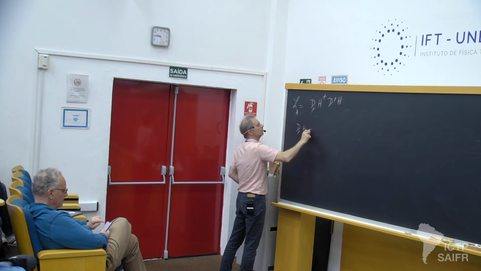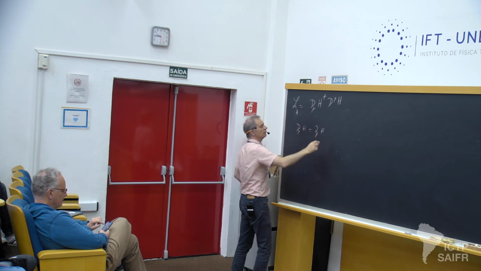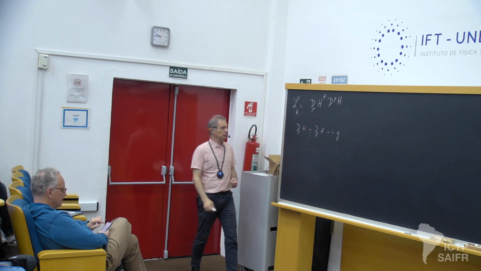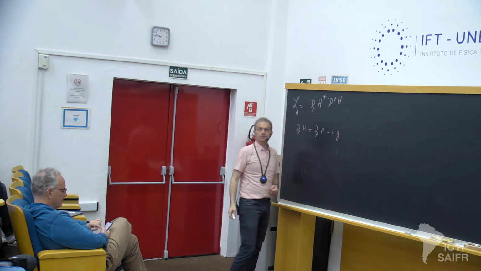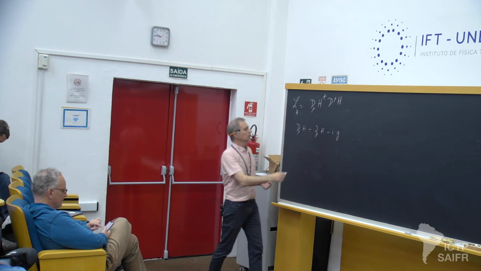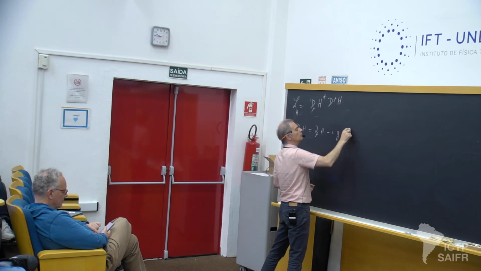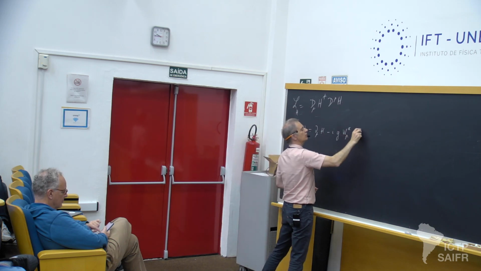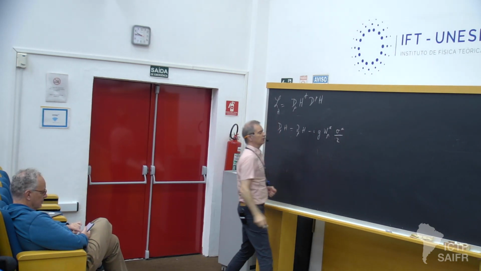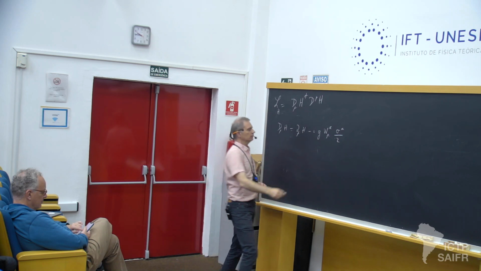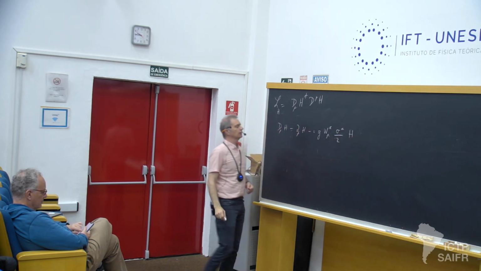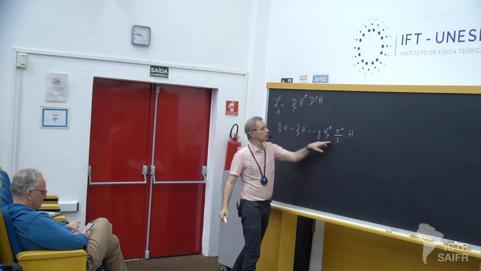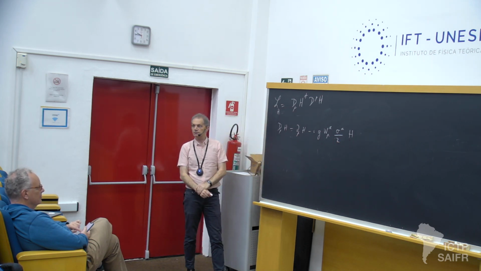D mu H is the usual space-time derivative, minus i g, which is the gauge coupling of SU2, times the gauge boson associated to SU2, W mu A, times the generators of SU2, which are the Pauli matrices divided by 2 for a doublet representation, times H. That's just because you want the X field to transform as a doublet under SU2.